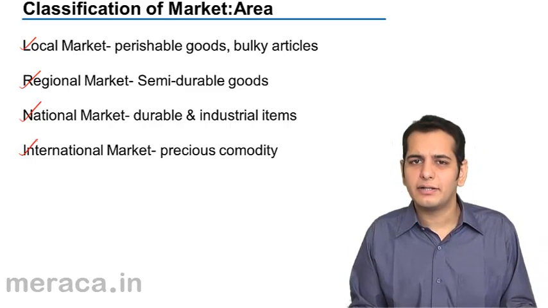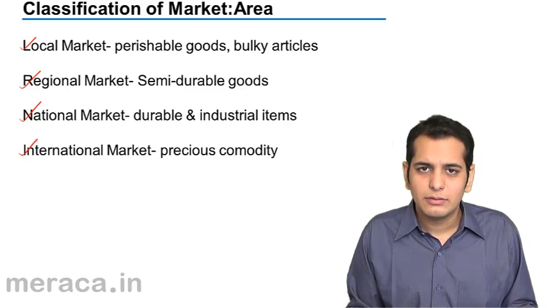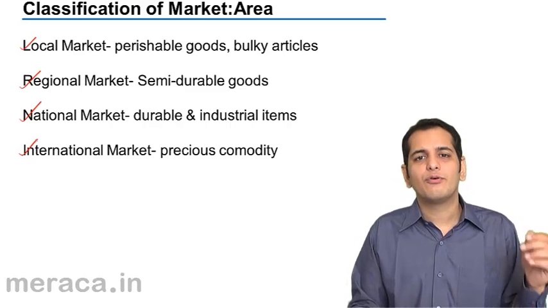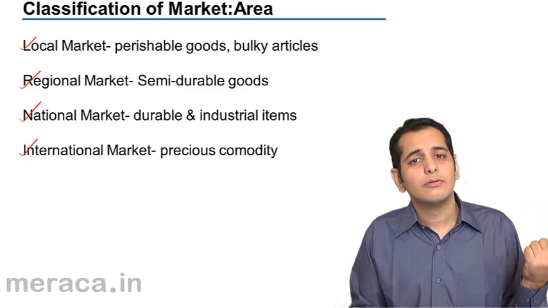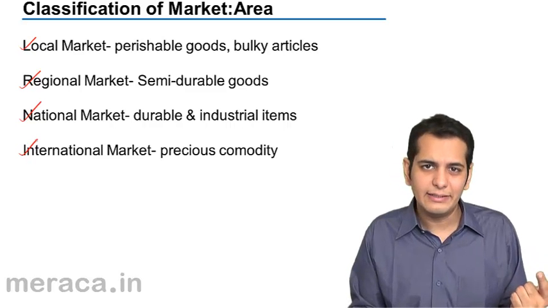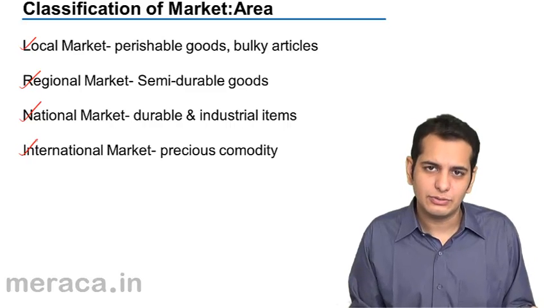These are bulky items, so you get them from the local market only. So there's a local market for goods which are perishable, which we consume for our daily needs, and finally goods which are bulky in nature.